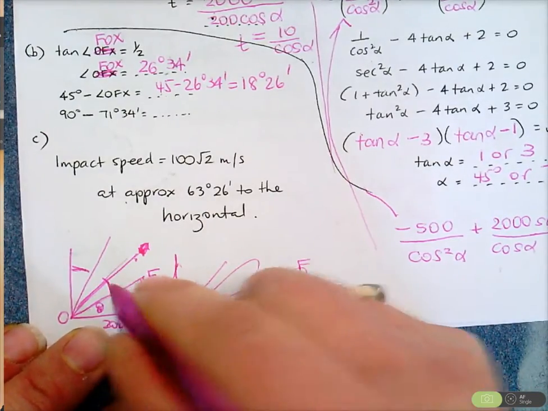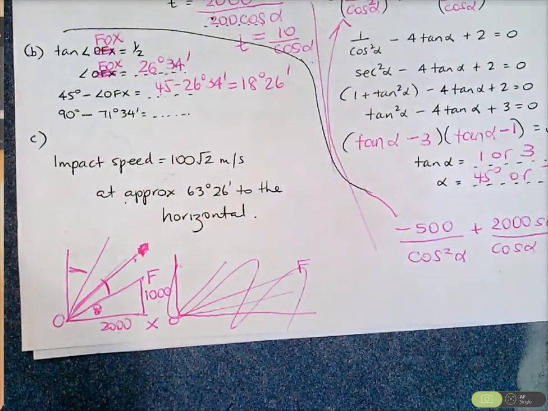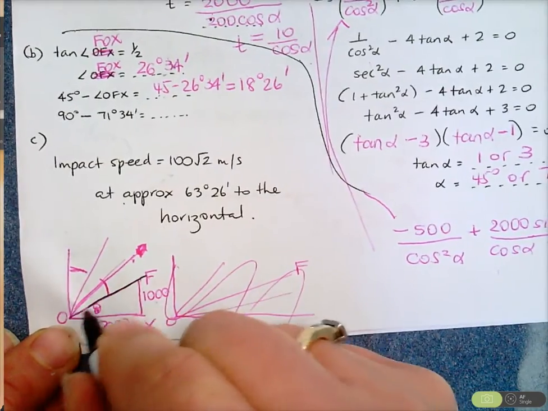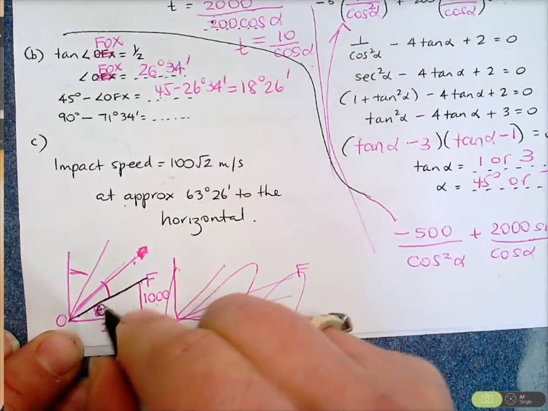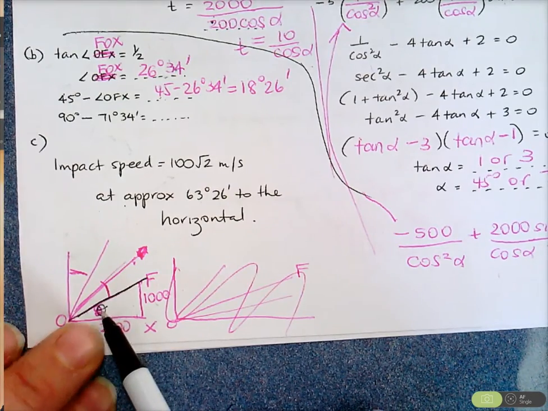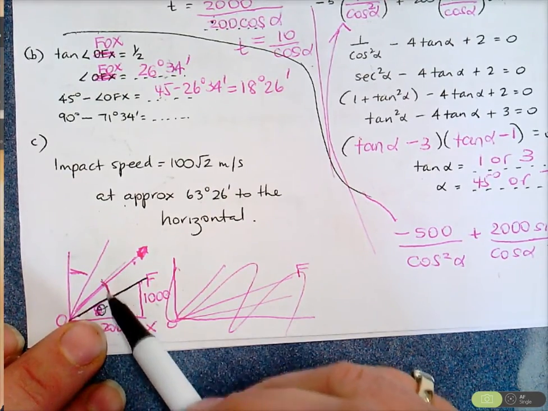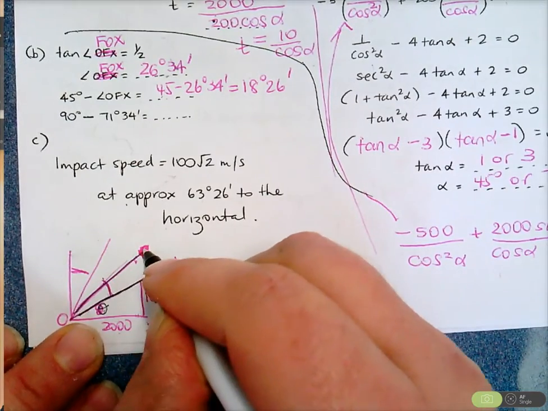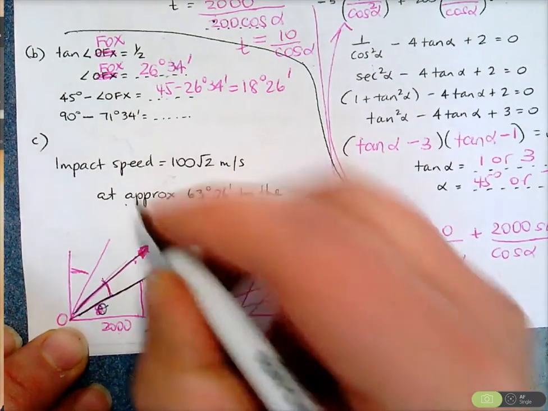All right, look, I wouldn't worry too much about this. I don't think I've seen a question like it. There's your OF. This angle is 26 degrees, 34 minutes. They're saying it's 18 degrees, 26 minutes from that centre line, which is 45.